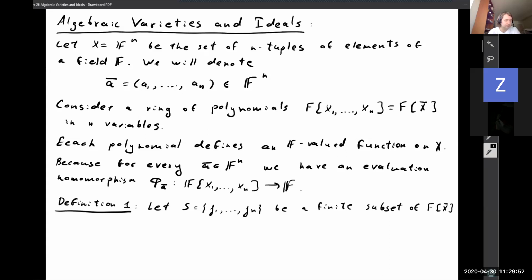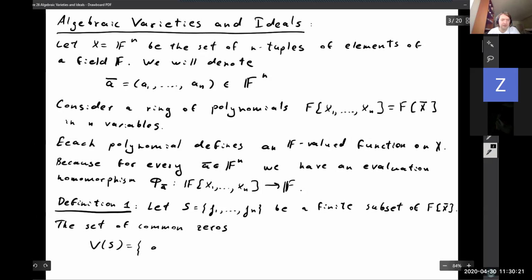Then the set of all common zeros of these polynomials, V of S, is precisely the set of all elements A in F^n such that f1 evaluated at A equals f2 evaluated at A equals all the way to fn evaluated at A equals 0.